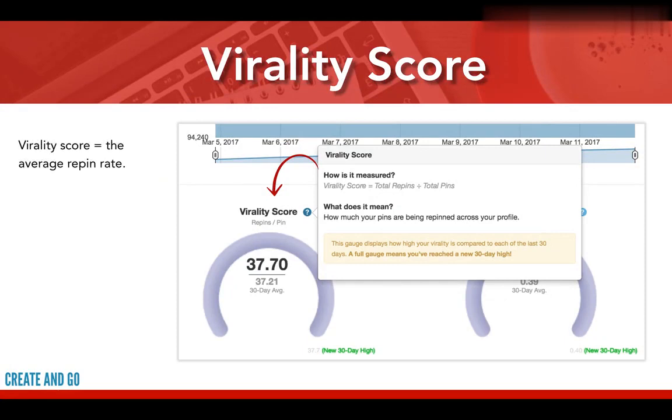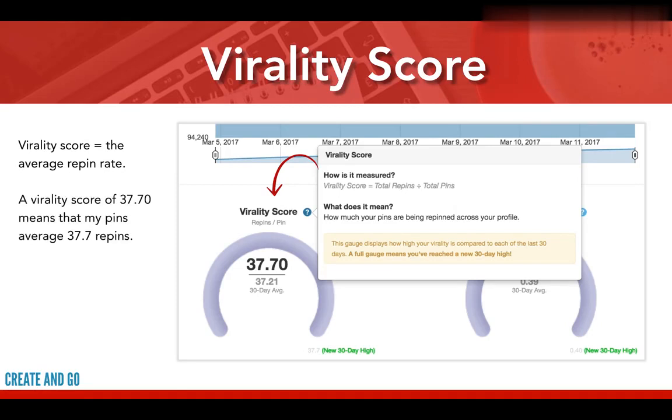What it means is the average repin rate. If you hover over that little question mark right here, this dialog box will pop up and it will remind you of what this score is. And it tells you what it means, how much your pins are being repinned across your profile.